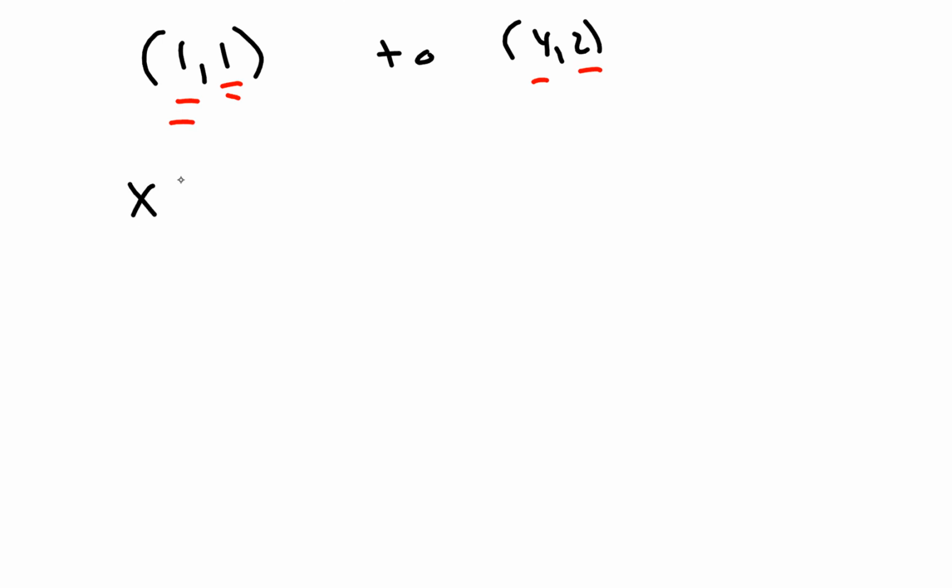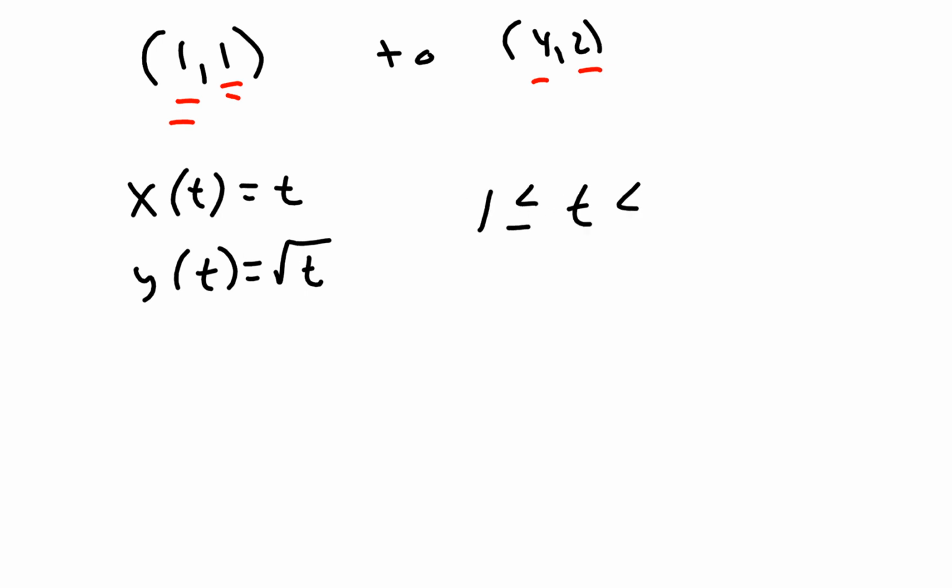x of t could just equal t, and y of t could be the square root of t. And then I'll make sure that t goes from 1 to 4. And you can check this parameterization. So for example, if you did x of 1, you'd get 1. y of 1 would be the square root of 1, which would just be 1.